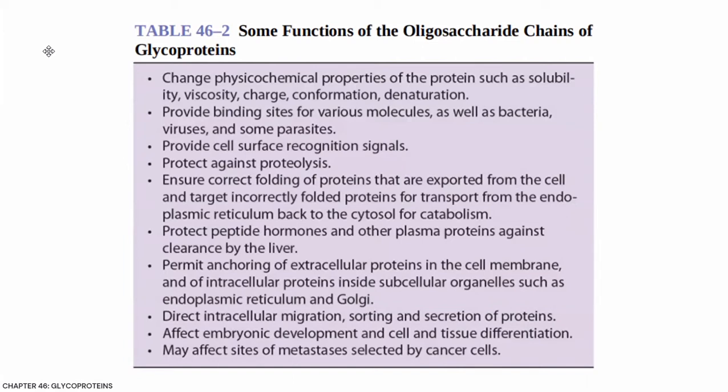It changes physicochemical properties of the protein, such as solubility. You know, sugar is soluble in water. So the more sugar attached to the protein, the more soluble it makes the protein. And it also increases the viscosity. Okay? Viscosity.